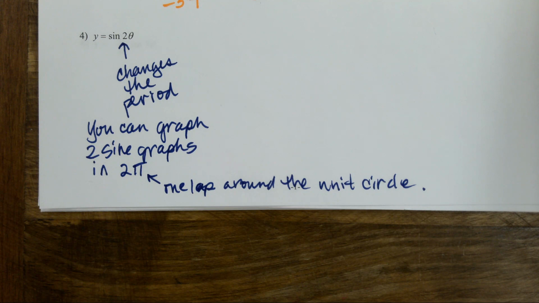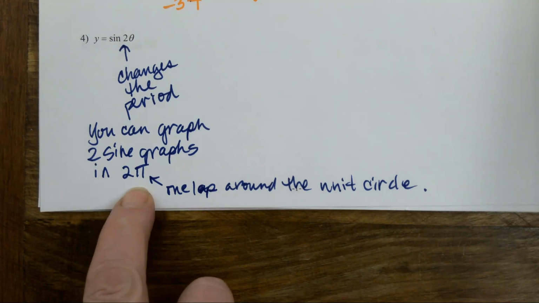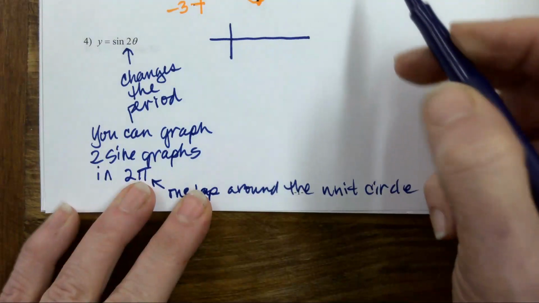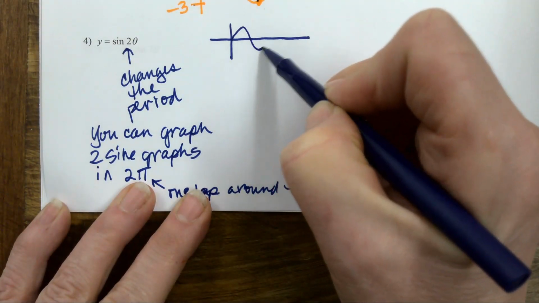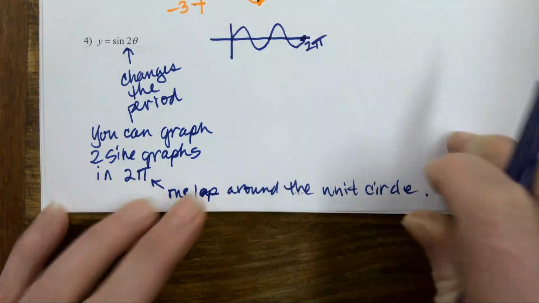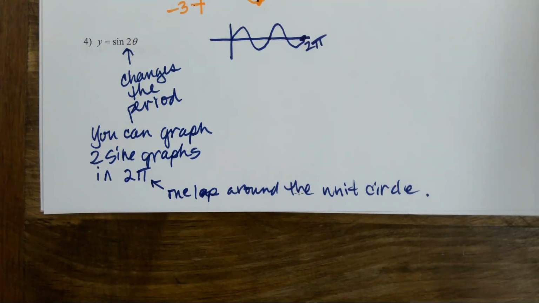But I only want to graph 1 period. So if I can graph 2 sine graphs, I'm just going to draw a little sketch. If I can graph 2 sine graphs in 2 pi, how long will it take me to just graph 1 sine graph? Pi, half of 2 pi, right?